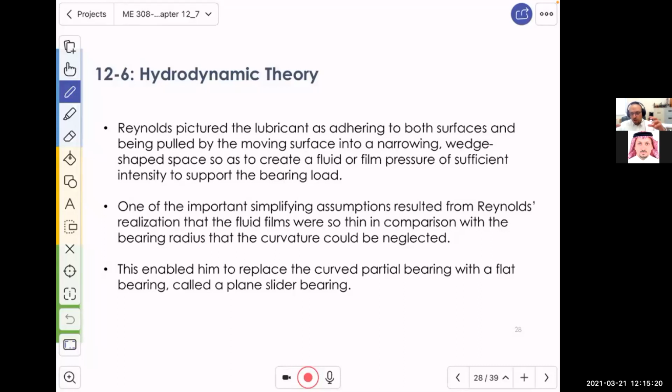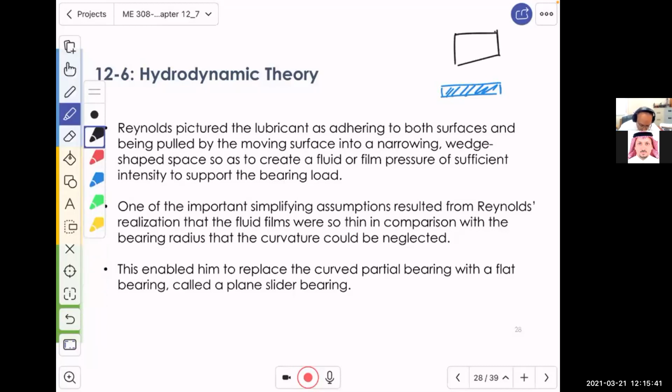And for a geometrical reason, which we are going to explain later, he figured out that I can imagine that there is a surface like this, and another surface like this, which is being wedged, and the fluid is flowing here.